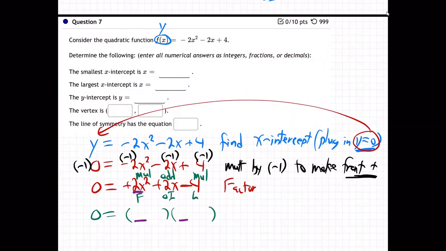What times what makes 2x squared? Well, that can be 2x and x, right? They multiply to be 2x squared. And then we've got to do the back thing. F stands for front times front, and L stands for last times last. So last times last to make -4. So that's going to be 4 times 1.